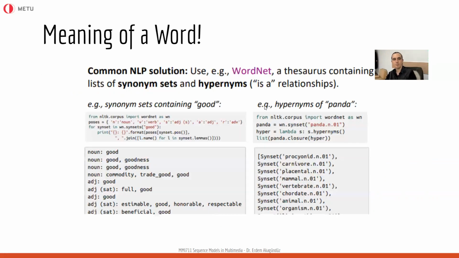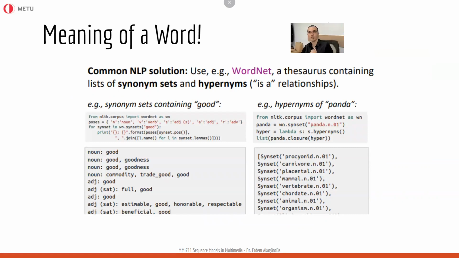Previously, the common solution was to make a large corpus of the language where we classify and categorize the meanings, and the shared effort was WordNet. It's a website. In WordNet, we have the meanings of all words, those tokens of the language, and the synonyms as well.